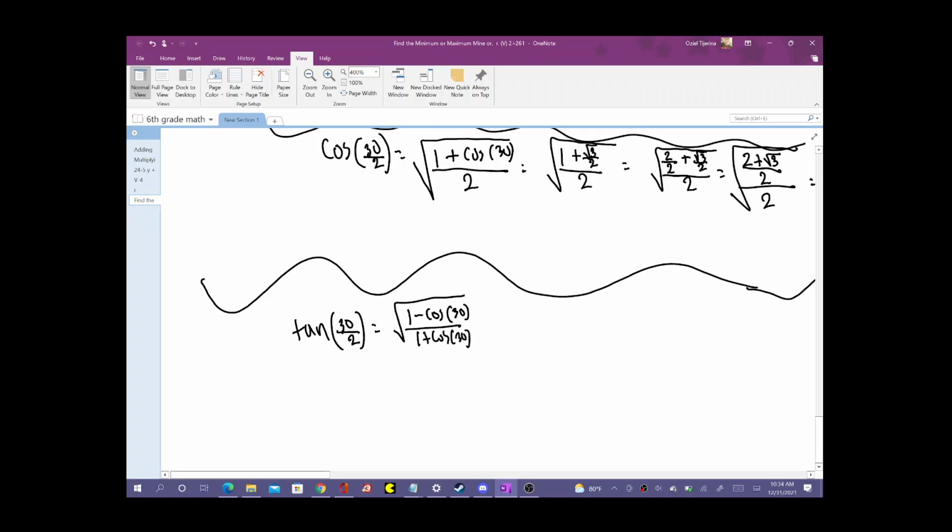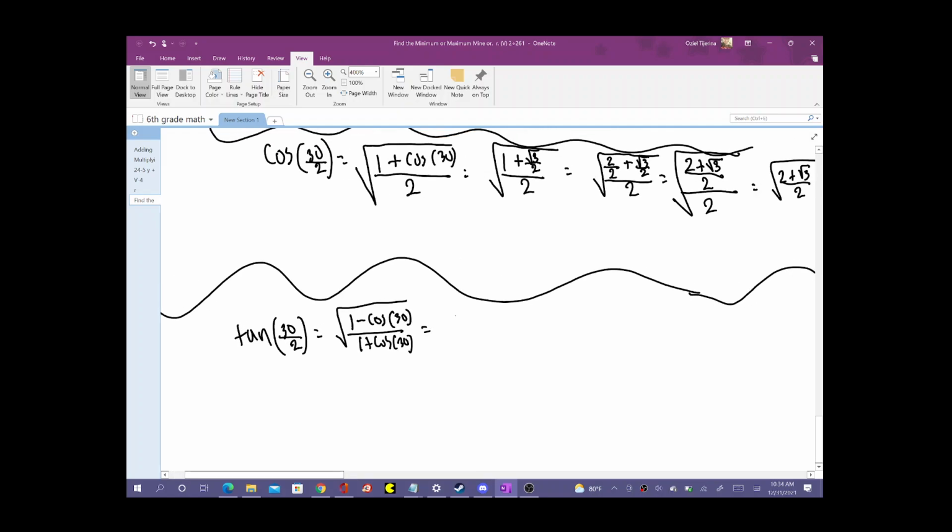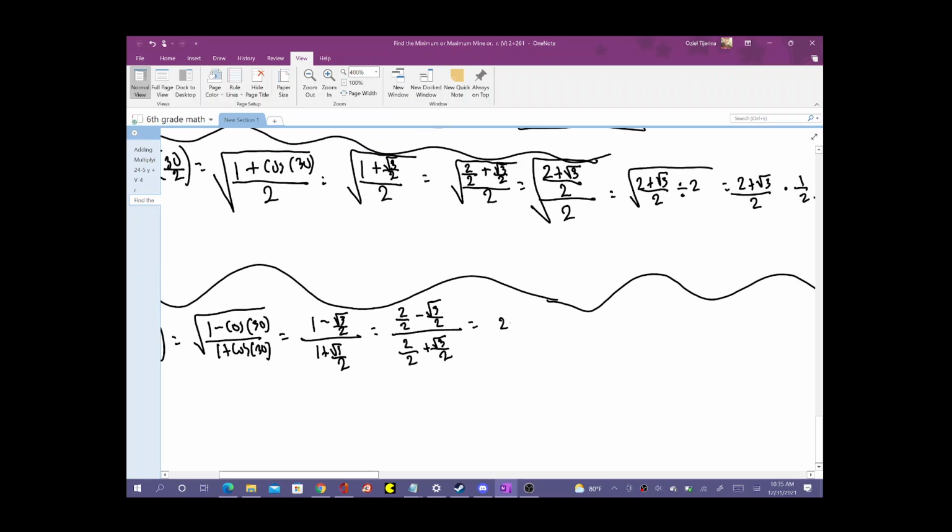We already know the cosine of 30 is square root of 3 over 2, so it's going to be 1 minus square root of 3 over 2 over 1 plus square root of 3 over 2. And then actually it's going to be 2 over 2 minus square root of 3 over 2 over 2 over 2 plus the square root of 3 over 2. This becomes 2 minus square root of 3 over 2 divided by 2 plus square root of 3 over 2.